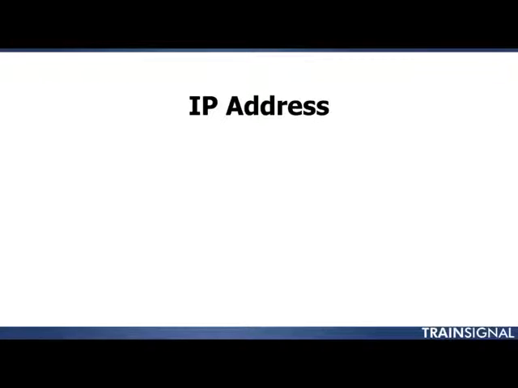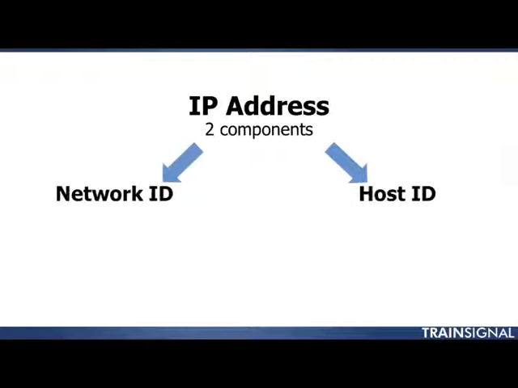But let's talk about how the IP address is actually broken down. The reality is that an IP address is made up of two components: a network ID and a host ID. So you're going to take this one step at a time. We have this thing called an IP address, and one portion of it is the network ID, and the other portion of it is the host ID.